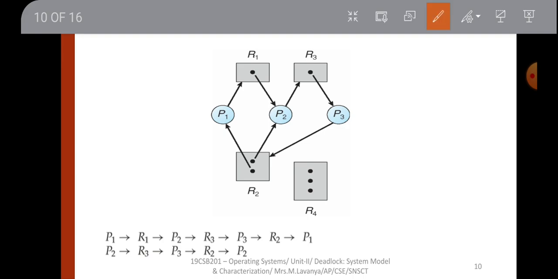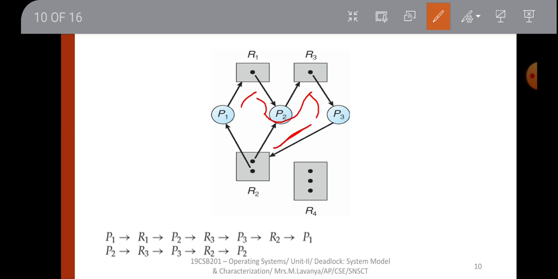Here, see, in this the process P1 requests R1. R1 is held by P2 and P2 is requesting R3, whereas R3 is held by P3 and P3 is requesting R2.